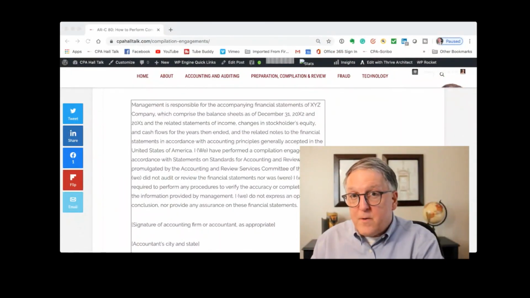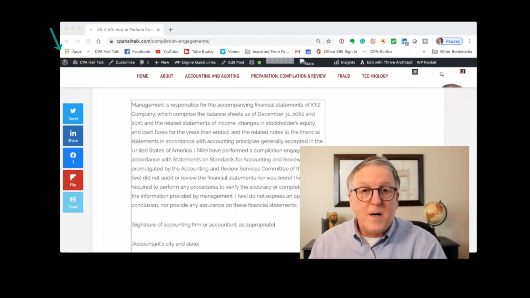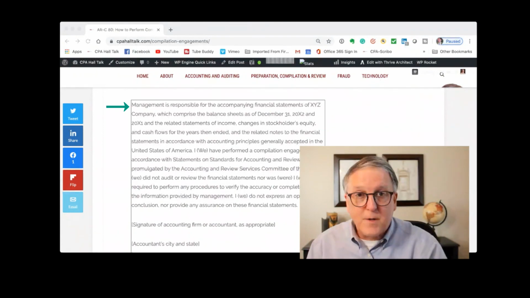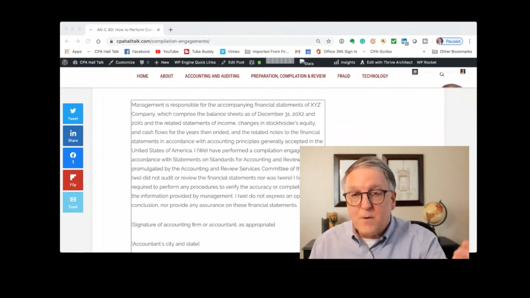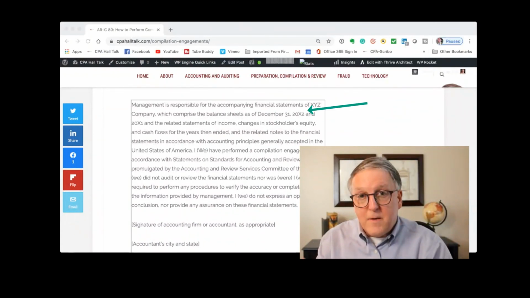Well, we see that the report starts out by saying management is responsible for the financial statements. Though we might prepare the financial statements, management has to assume responsibility for those financial statements. We also see in the compilation report it specifies the period of time that the reports relate to.